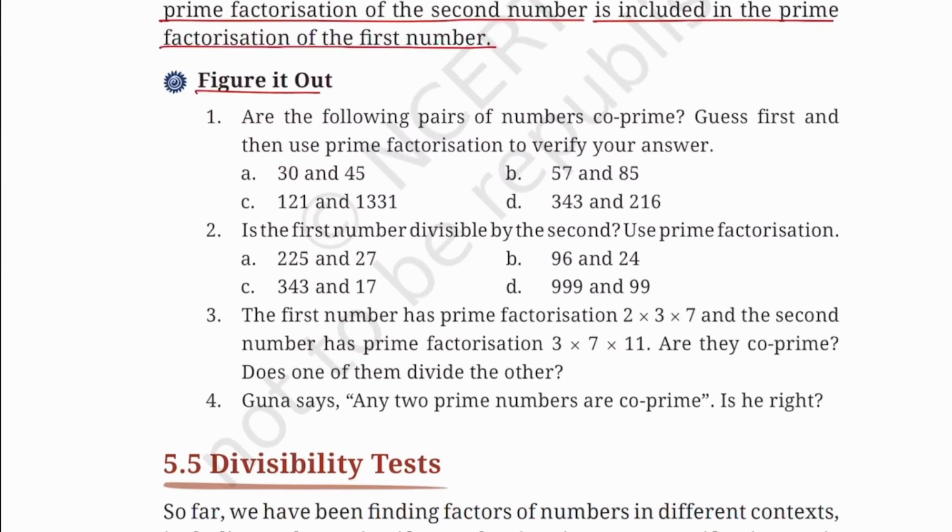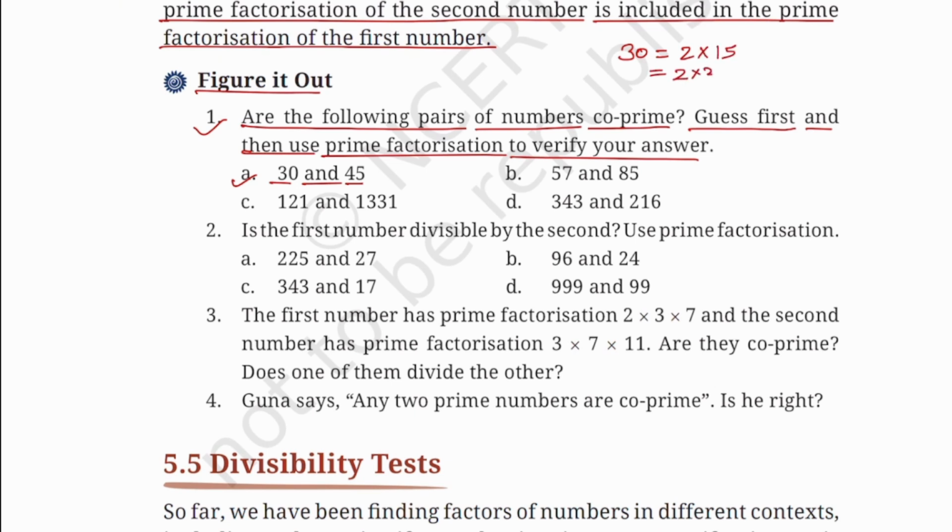Figure it out. 1. Are the following pairs of numbers co-prime? Guess first and then use prime factorization to verify your answer. A, 30 and 45. Let's find their prime factorization. 30 is equal to 2 into 15 or 2 into 3 into 5.